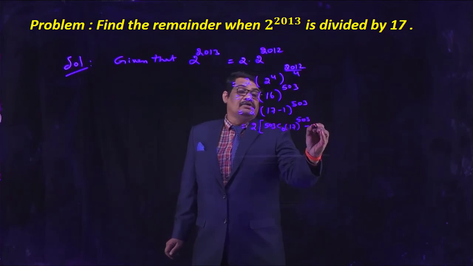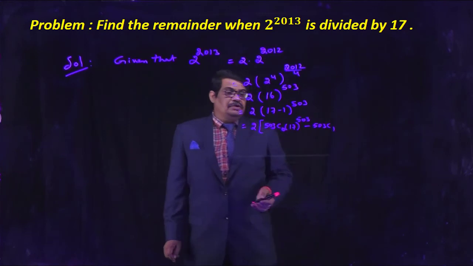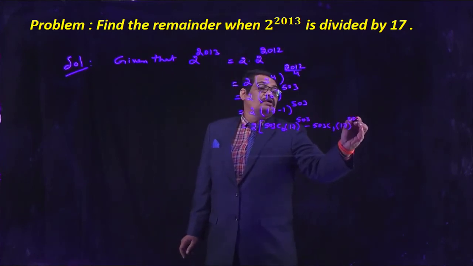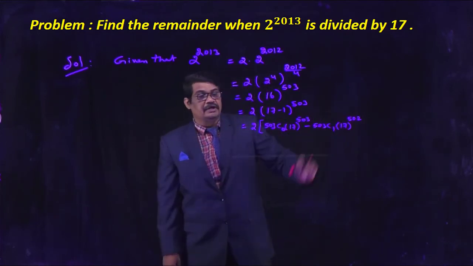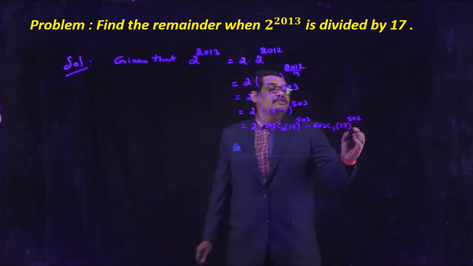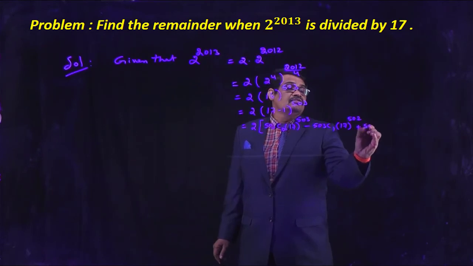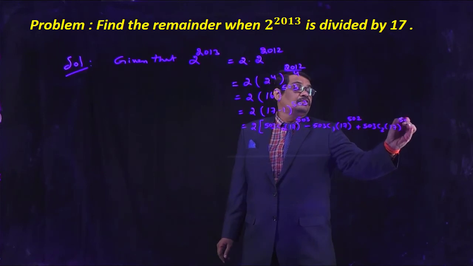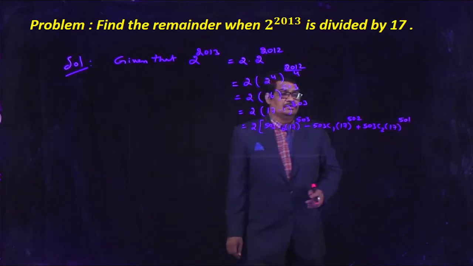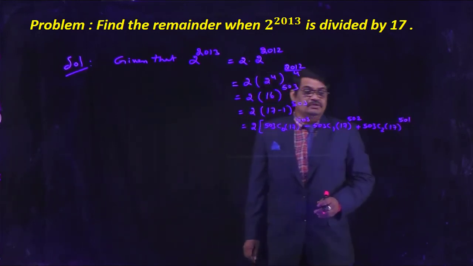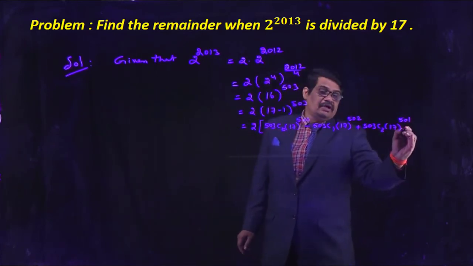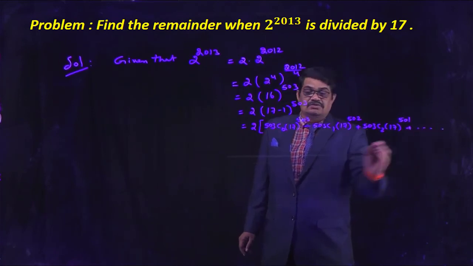Here we write 503 c1 into 17 to the power of 502. The power is decreasing. The next term is plus 503 c2 into 17 to the power of 501 into minus 1 whole square, that is plus. We write like this and so on.